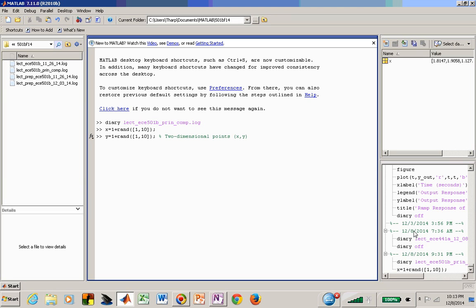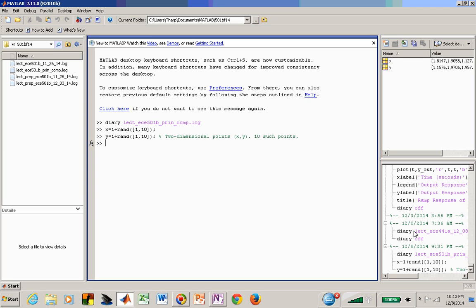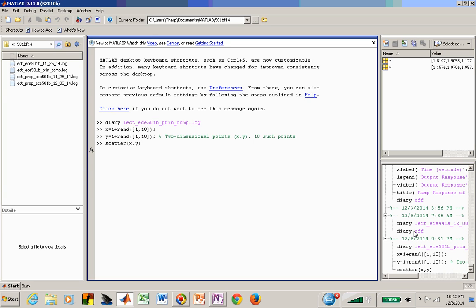and I have 10 of those. If we wanted to see what we have, let me generate a scatter plot of those 10 points of x and y.